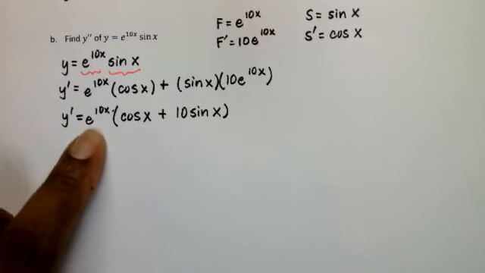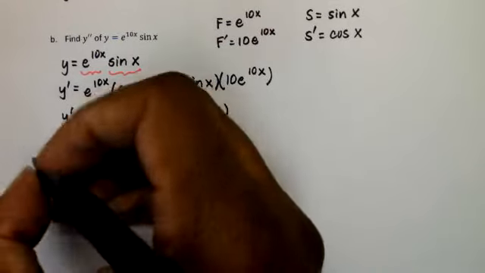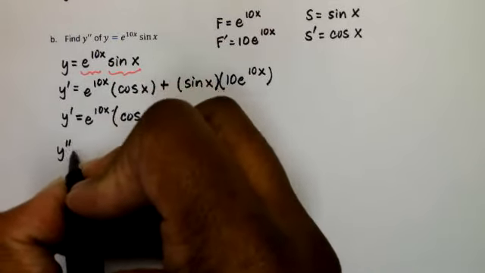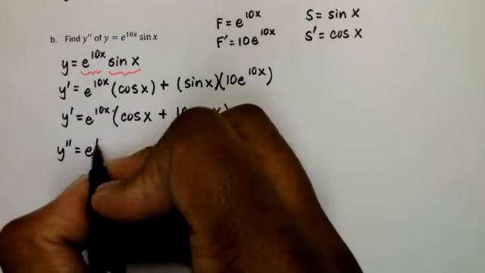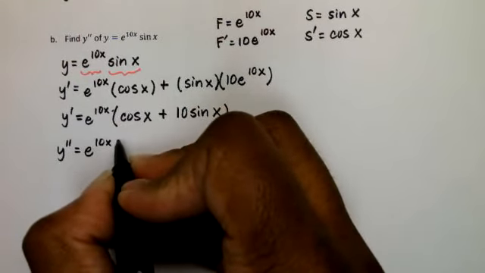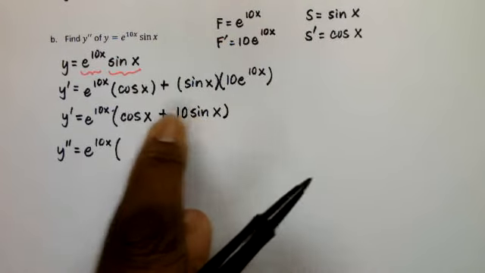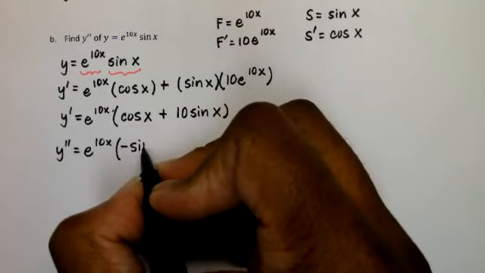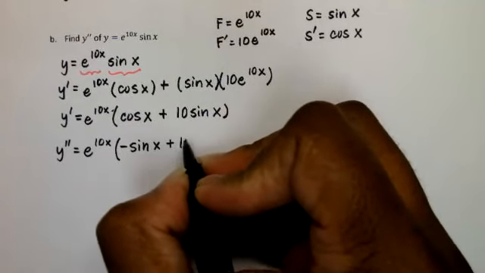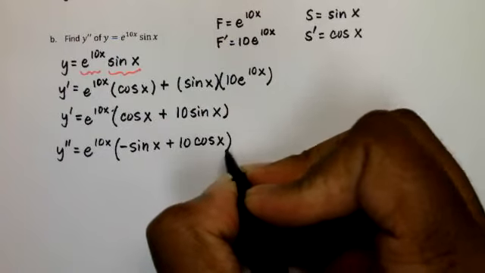And again, notice I have to use the product rule because I have e to the 10x times this part right here. So here's what y double prime will be. Again, this will be the first, so it'll be e to the 10x times the derivative of the second. Here, the derivative of the cosine is negative sine of x, plus, bring down the 10, the derivative of the sine of x is the cosine of x.